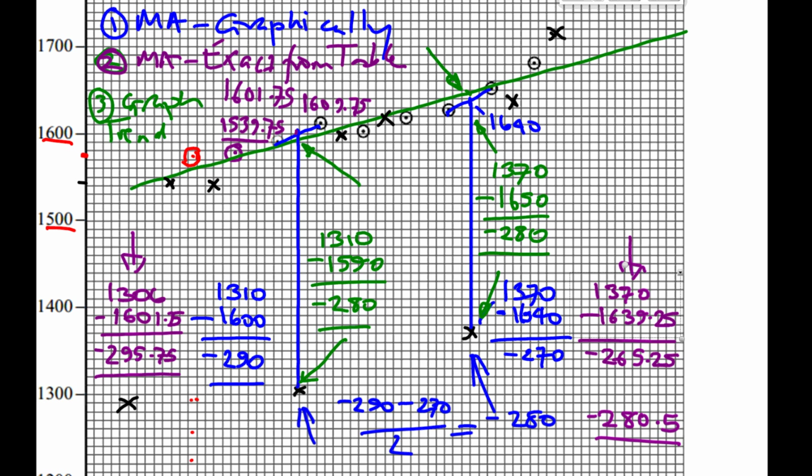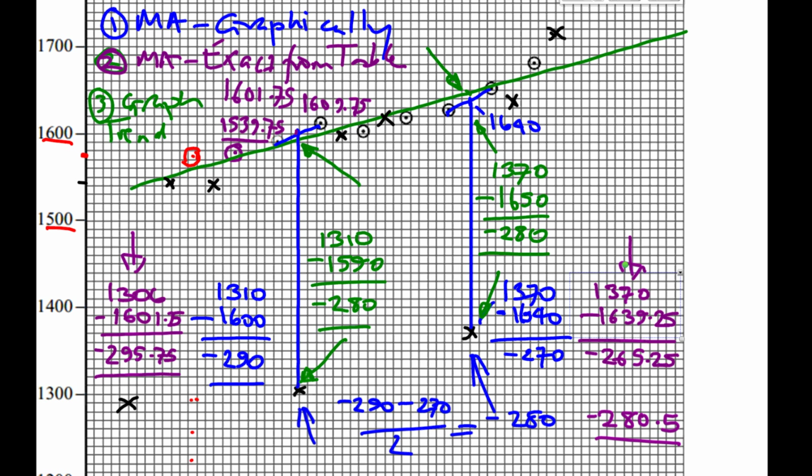So I'll just do that. Here we have the first quarter, quarter 1 2007, in the green on the left. The bottom point is still at 1310, and the intercept point between the trend line and the quarter 1 is 1590.